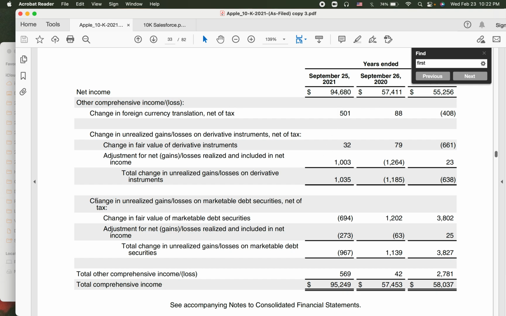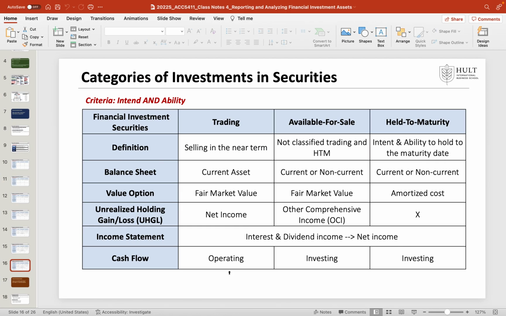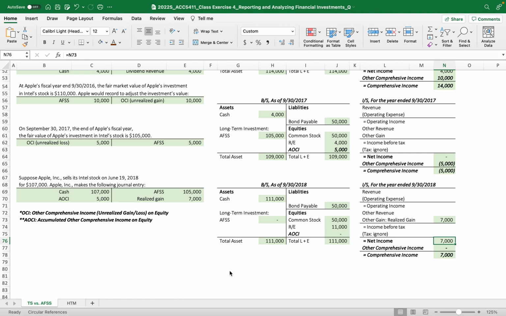And then do you see the changes in unrealized gain? Okay, wow, there are a lot of changes in fair value of marketable debt securities, or the investment here, right? So when it comes to investment interpretation or some investment opportunity, the investors can use this information in a very professional way.